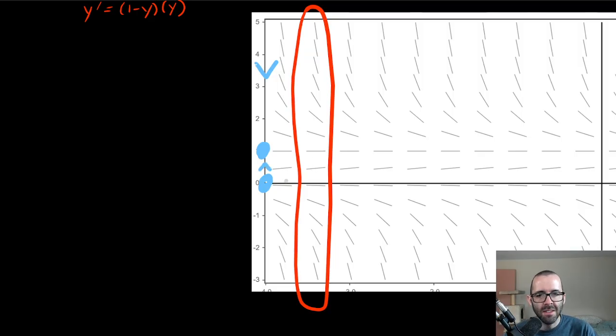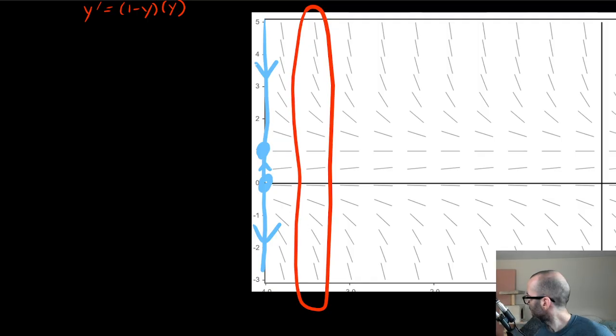Positive slope means things are increasing, we're going up. In this interval, we're always going down. In this interval, we're always going up. And over here, the slope is always going down. So we're going to write an arrow saying that we're going down because the slope is negative. The function's going down. And there you have it.